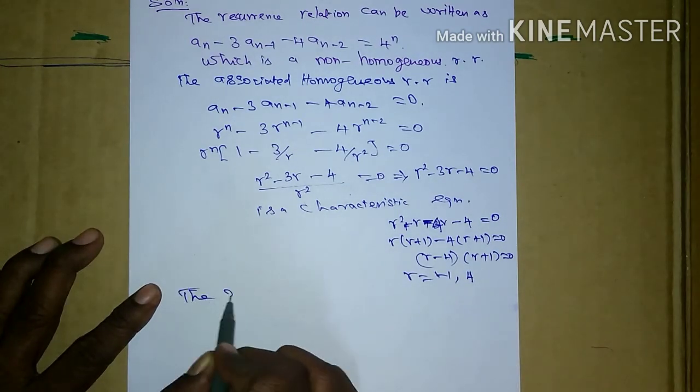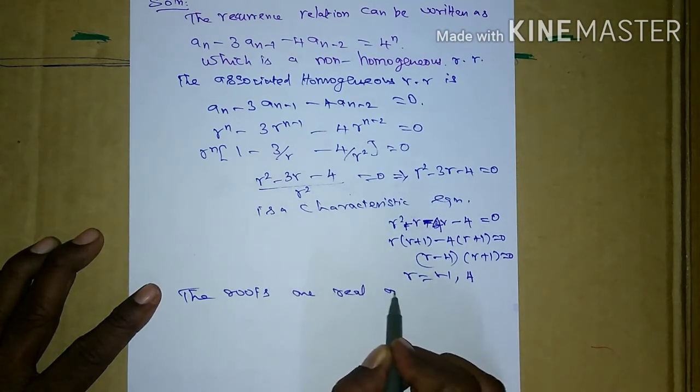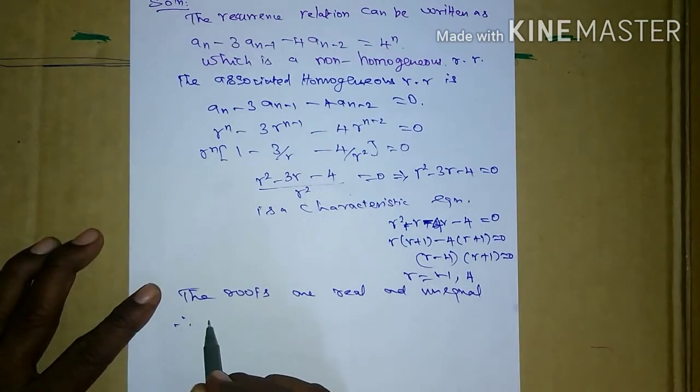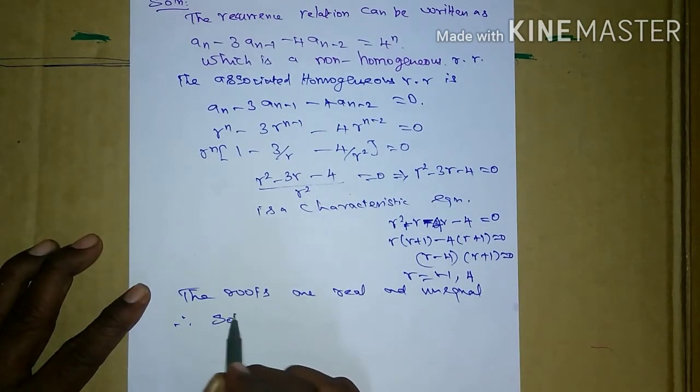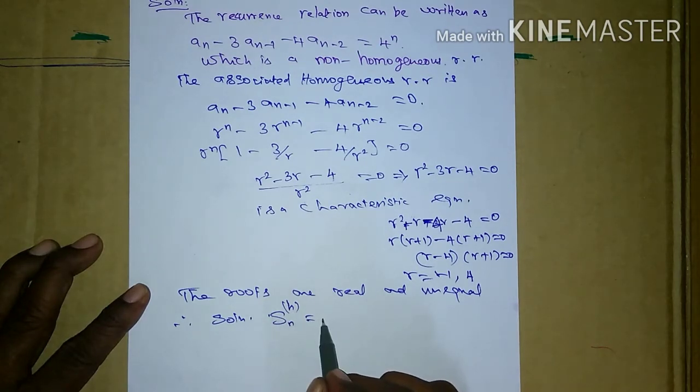The roots are real and unequal. Therefore, the solution is s n h, the associated homogeneous solution for the homogeneous recurrence relation.